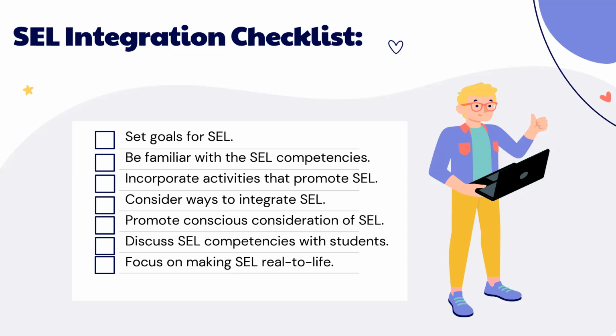And then having discussion about the competencies with students and focusing on making the connections that they'll make real to life when you're discussing those. So just a few things to keep in mind when you're thinking a little bit more generally about social emotional learning in a remote environment.